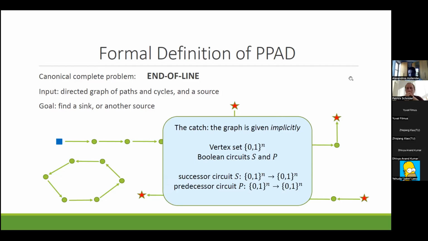So the end of line problem just tells you, given a graph of this type that is represented implicitly, meaning that it has exponential size in its representation, find any of the red stars. I don't care how you find it, whether you follow the line, whether you somehow guess the right position. Now, obviously, it's no longer clear if this is polynomial time, and it is believed that it cannot be solved in polynomial time.